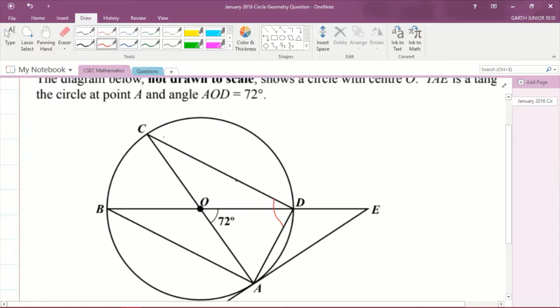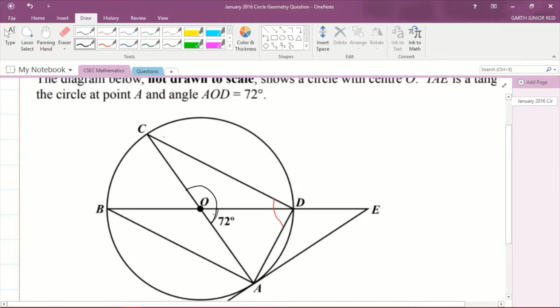Because the angle at the center here, all of this angle, is going to be 180 degrees, the angle on the straight line and the diameter there.